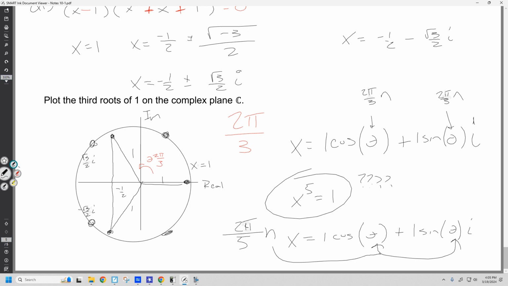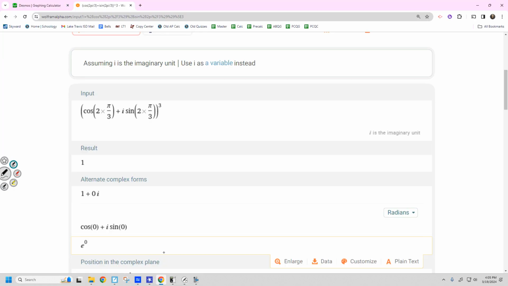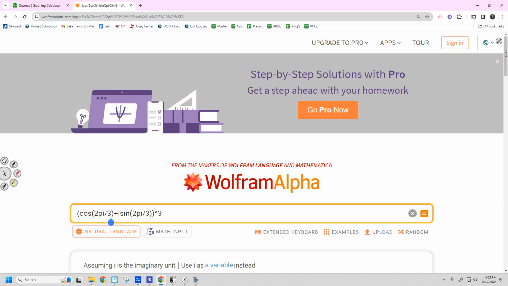Brings us to it working. Watch. If I change this to 2 pi over 5, and I change this to 2 pi over 5, and I change this to 5. Now, here's the key to why we are doing this.